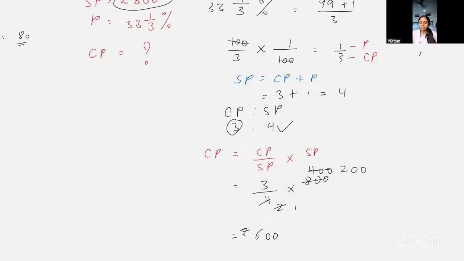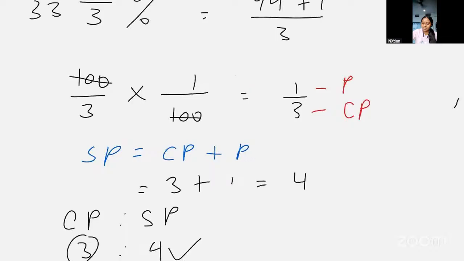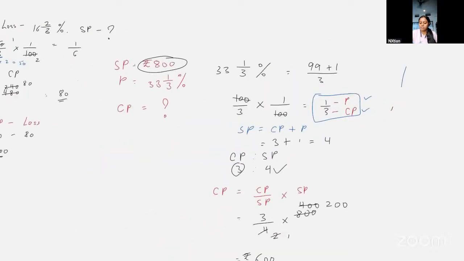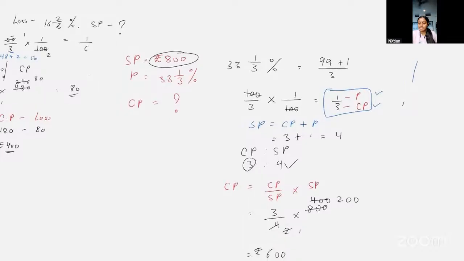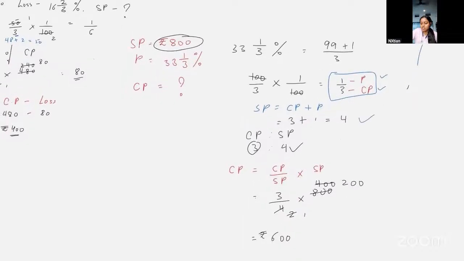See the bottom number whenever you are getting like this: the bottom number is always cost price, the top number is always profit. Then you will solve it like this, calculate SP and CP, and you will get the final cost price.